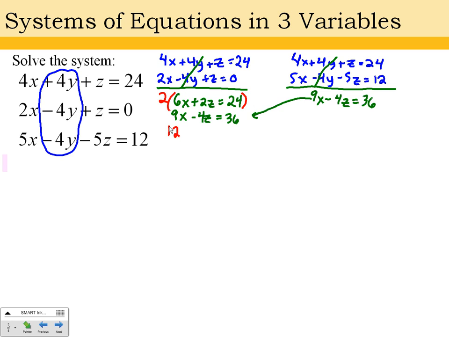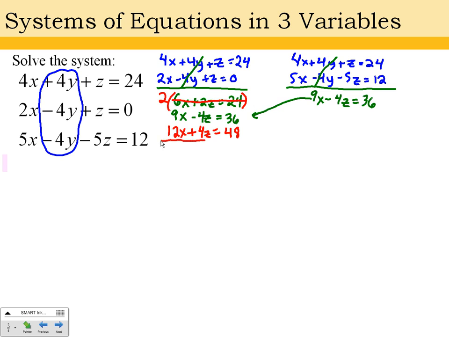So that gives me 12x plus 4z equals 48, because I have to distribute that 2 to everything. I can't just multiply the z by 2 and call that good. I have to distribute it to everything inside of my equation. So now I'm done with that, at least for now. I can come back and use it later if I want to.